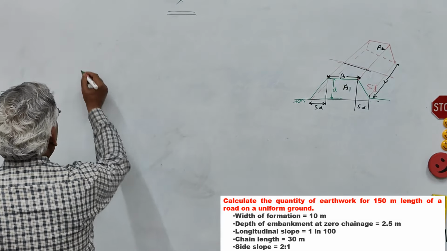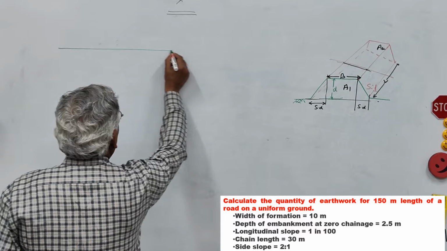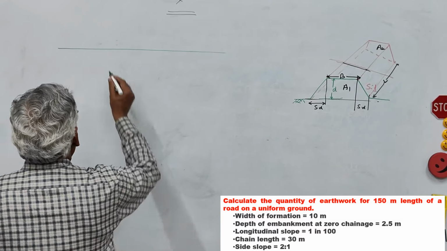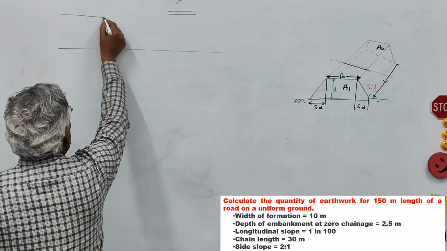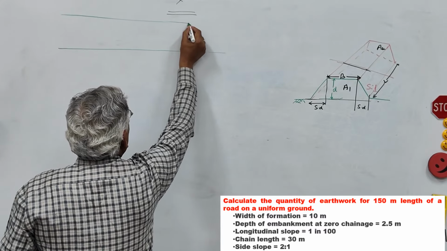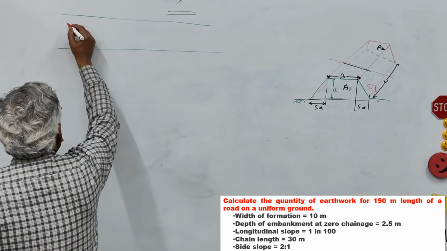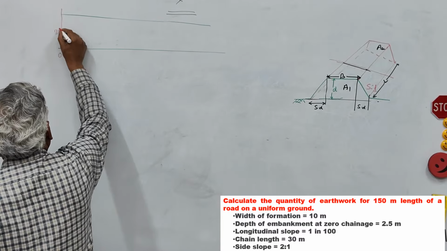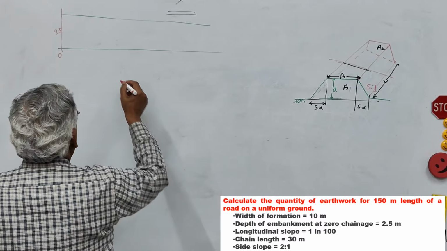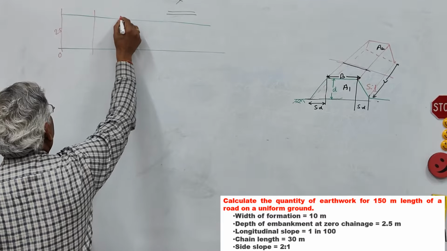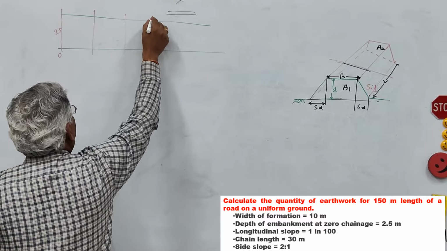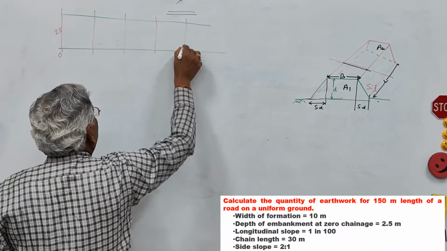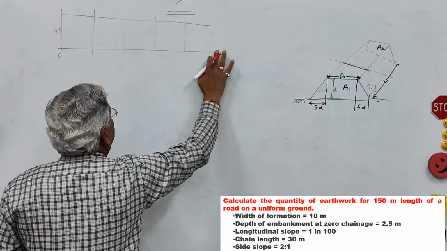So this is the natural ground, and that is the profile of the formation level. Now here at zero chainage, the height is 2.5 meter, and then you have 30 meter, 60 meter, 90 meter, 120 meter and 150 meter.